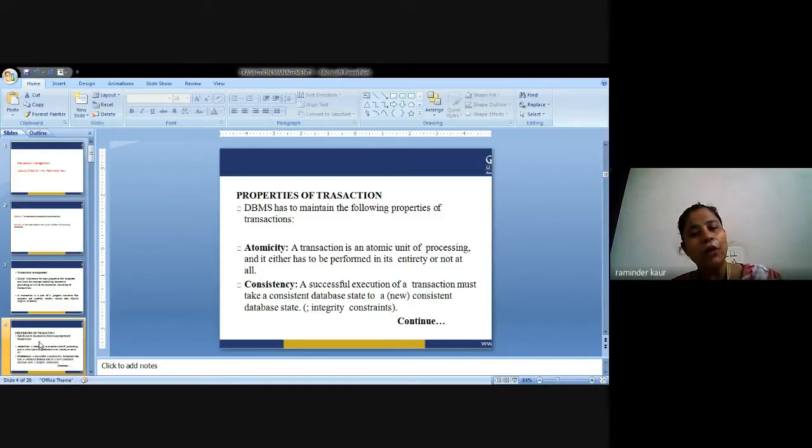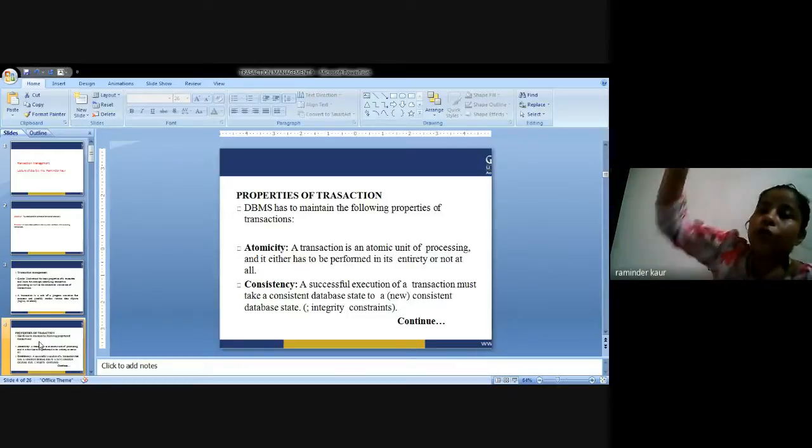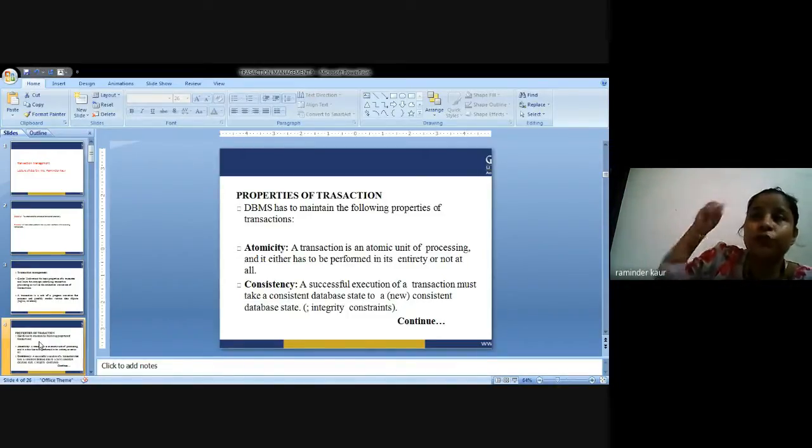After the write operation of A, it means rupees 50 are deducted and the changes are reflected in account A. But the power failure has occurred. So account B has to show me rupees 2050, but because of the power failure it is showing me only 2000.